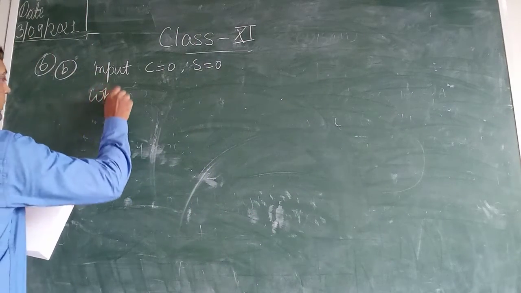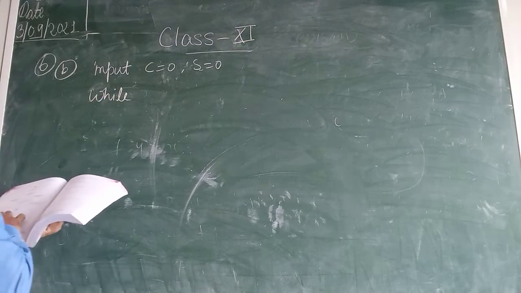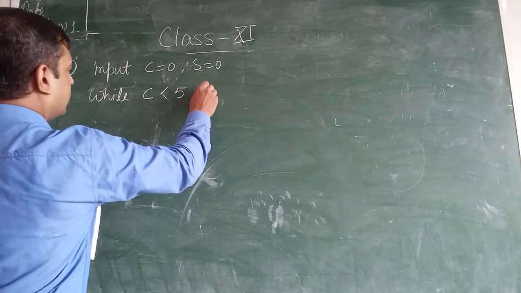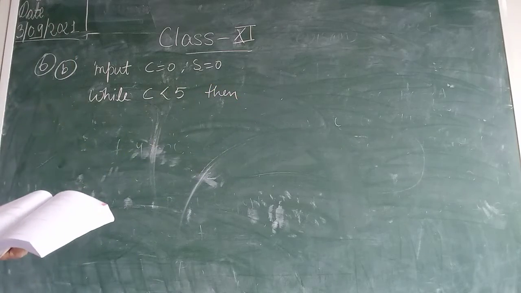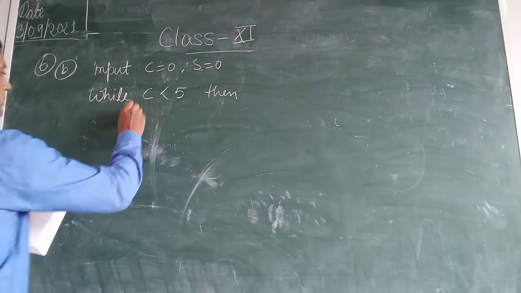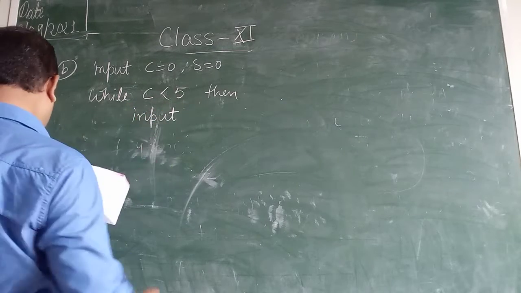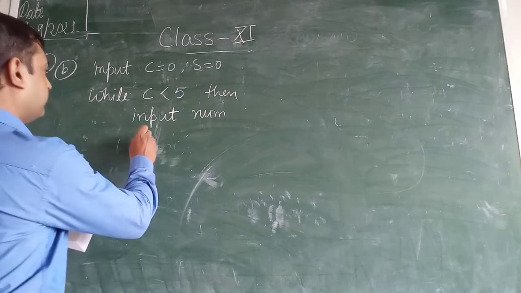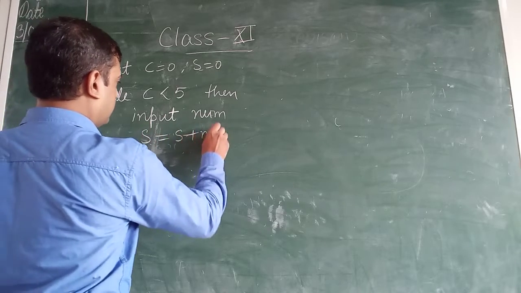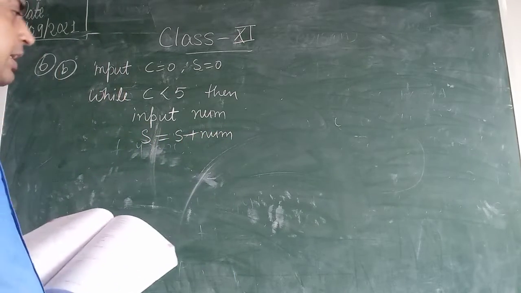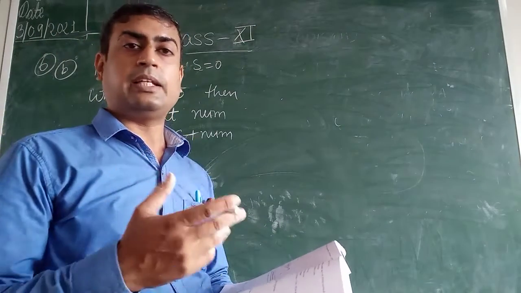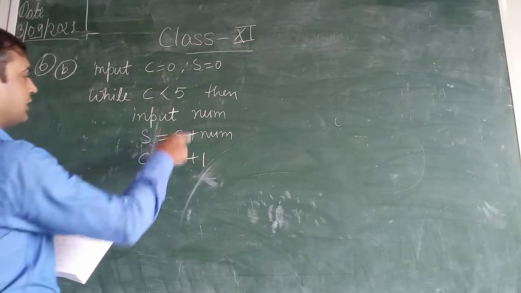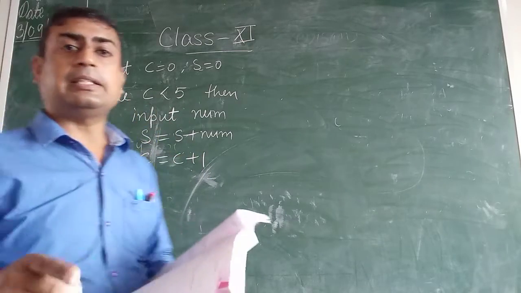So while c is less than 5, if it is, then input num, s equal to s plus num, and now you have to use the variable to increment or decrement. So here c is equal to c plus 1 for this loop, because it is repeating again and again.